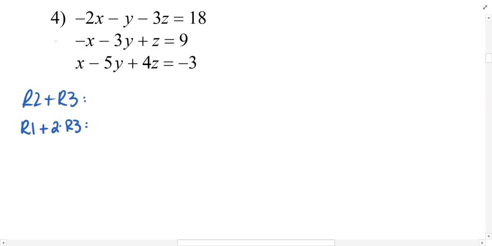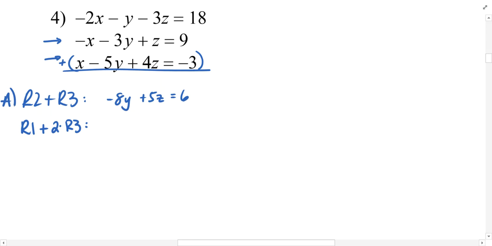So here we go. Row 2 and row 3, if I strictly add those two together, negative x plus x cancels, they add to 0. Negative 3 plus negative 5. Now this takes a little bit of mental math, but I'm sure you can handle it. Negative 3 plus negative 5 is negative 8y, and z plus 4z is 5z. 9 plus negative 3 equals 6.